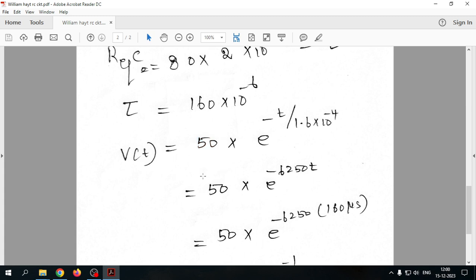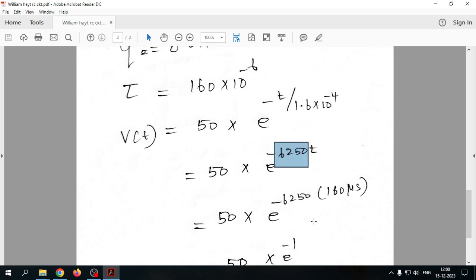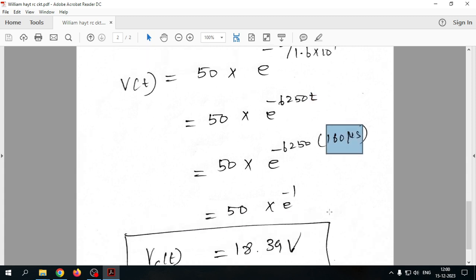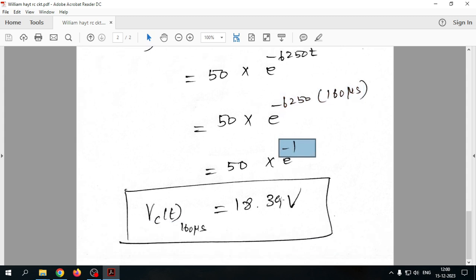If you calculate 1 divided by 1.6 you will get 6250 t, and if you apply t equal to 160 microseconds, the exponent will be minus 1, and e power minus 1 value we calculated as around 0.3687, right? That value appears here, and when you multiply 50 into this value, you will get 18.39.